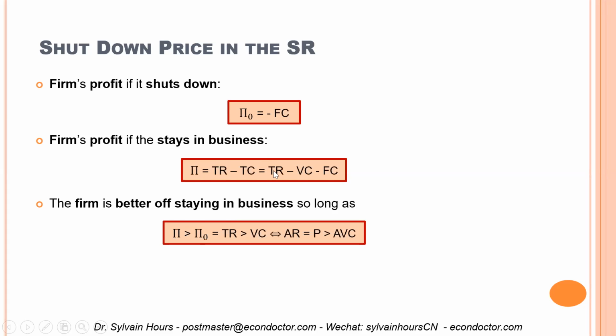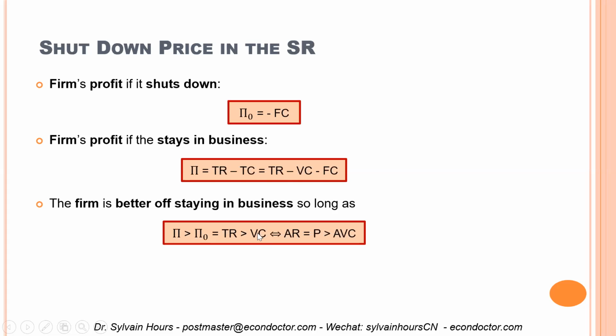And this is what is interesting there: the fixed cost cancels out because you have minus FC in both expressions. So you don't have to take it into account when you make the decision of whether you should stay in business or whether you should shut down. You should just see whether your total revenue, TR, can at least pay your variable cost.